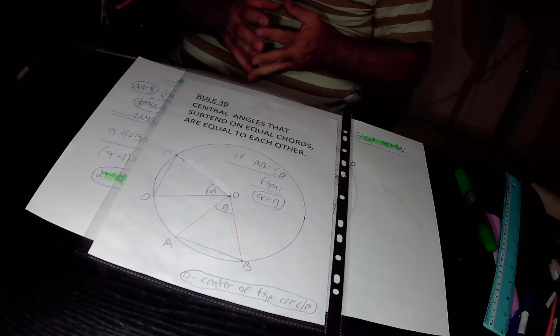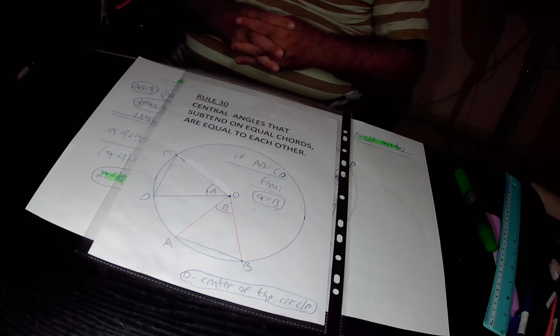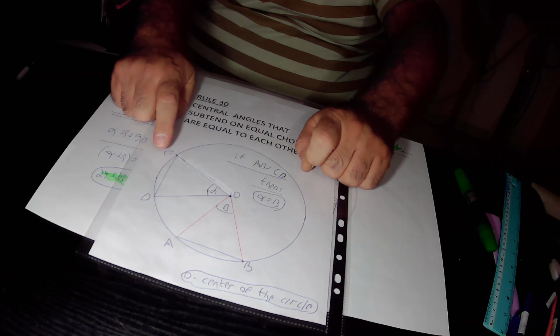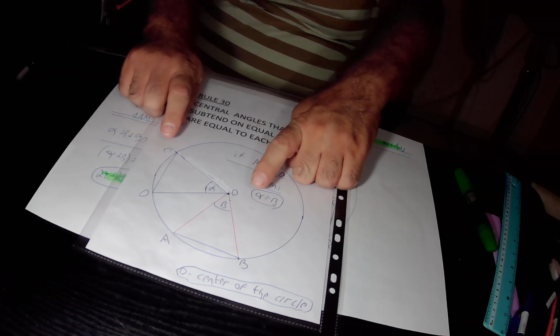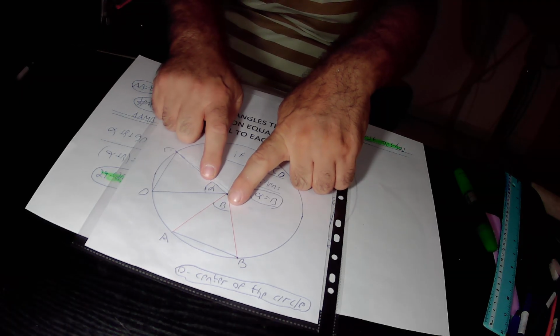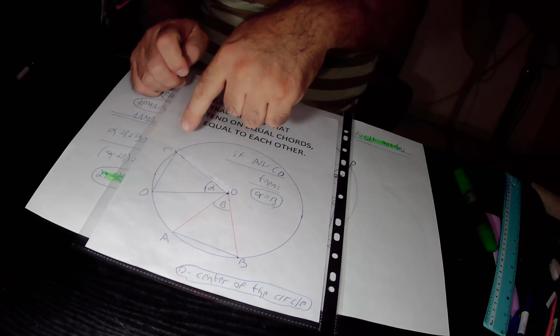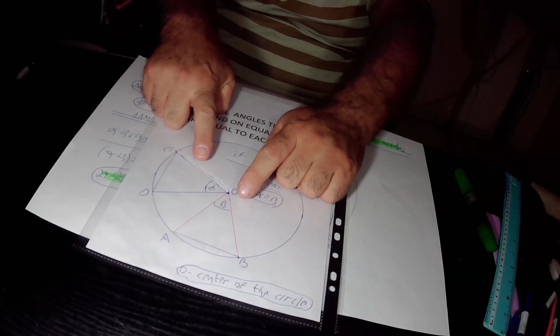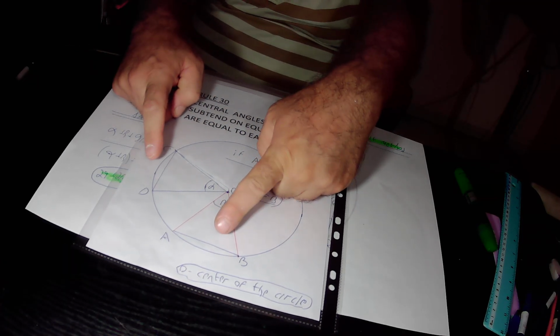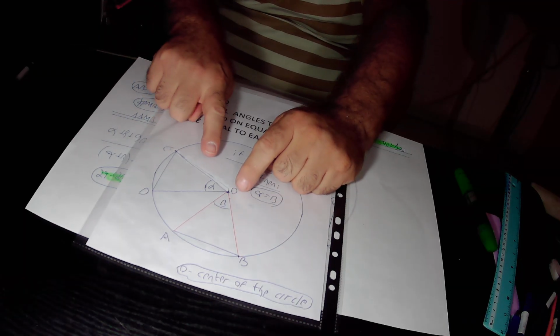According to this rule 30, if chord AB equals chord CD, then those two center angles must be equal to each other in their sizes. So if AB equals CD, then alpha equals beta. That is to say, if two center angles subtend on equal arcs, they must be equal to each other in their sizes.